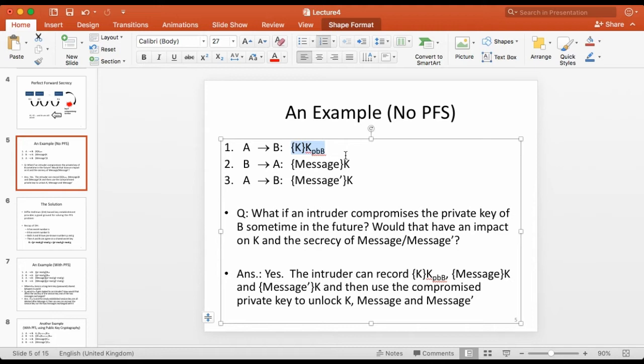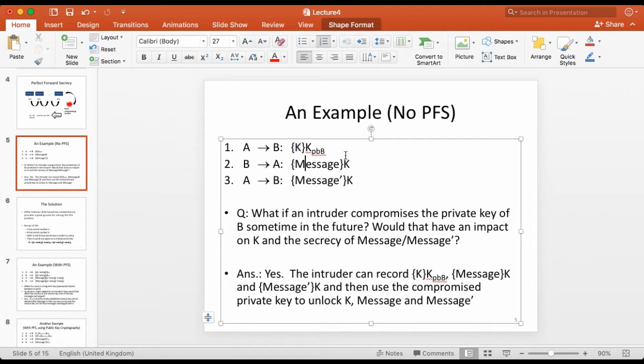Now, when Bob receives this key, he is the only one in the world who has access to his private key, and therefore he will use that private key to decrypt this message and release its content, which is K. So then Bob will have access to K.